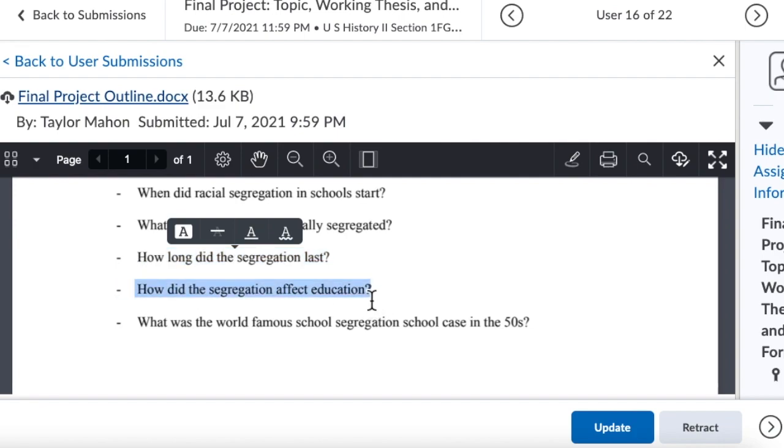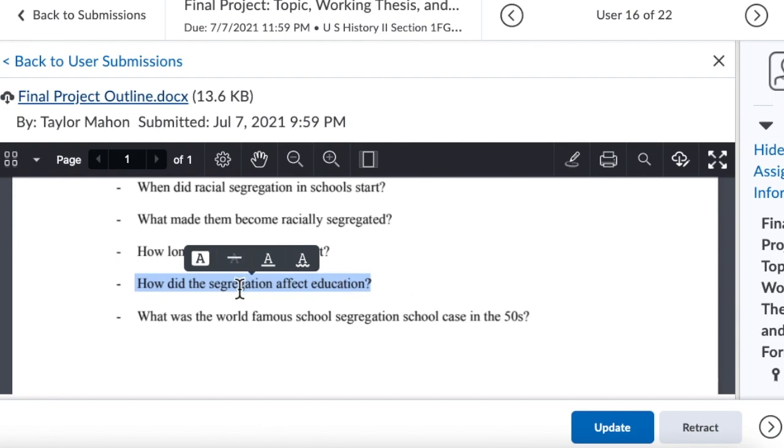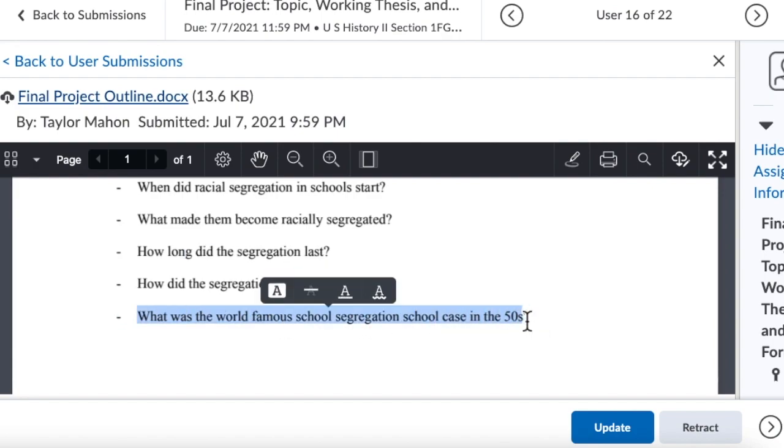How did the segregation affect education? I guess you mean, how did it hurt black students? Which is a very good question, but I couldn't tell whether you meant that or not. And that's outside the scope of the question if you agree with the thesis I've proposed for you. And so these questions are not really relevant to the structure that I have proposed.